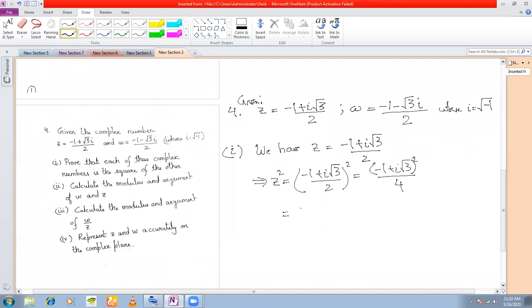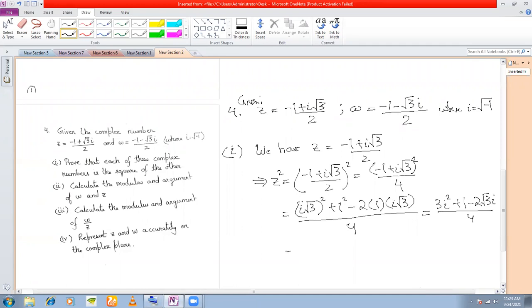If you expand a minus b whole square, this is a square plus b square minus twice a into b, divided by 4, which is equal to 3i square plus 1 minus 2 root 3i divided by 4.